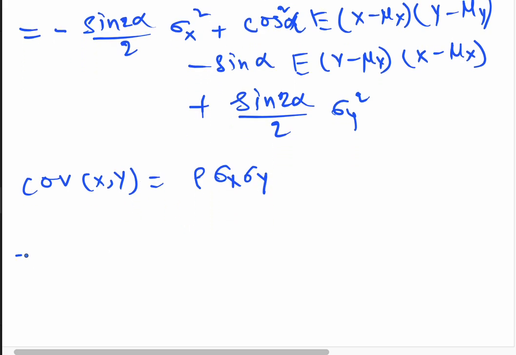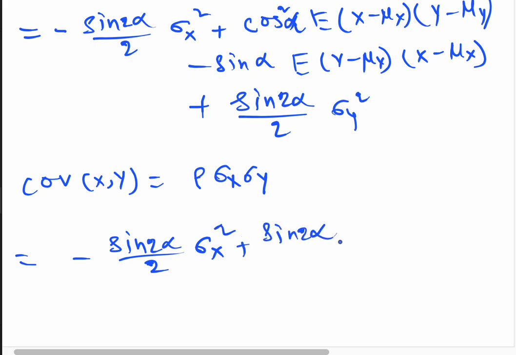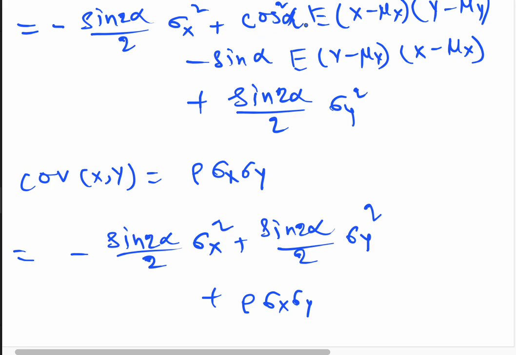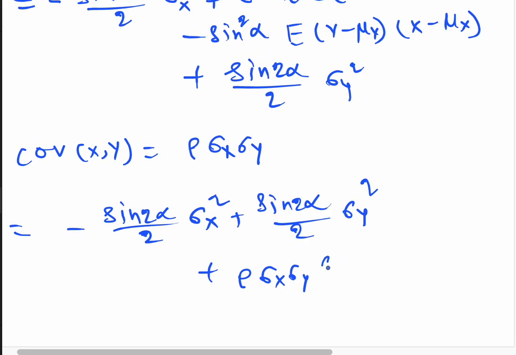So we get sine 2 alpha by 2 sigma x square plus sine 2 alpha by 2 sigma y square, plus rho sigma x sigma y. Taking common, cos square alpha minus sine square alpha is cos 2 alpha.